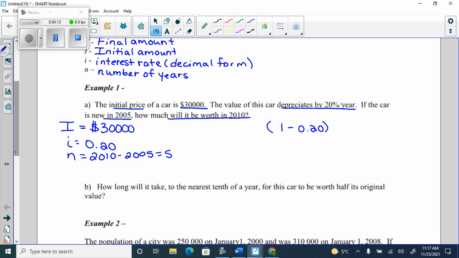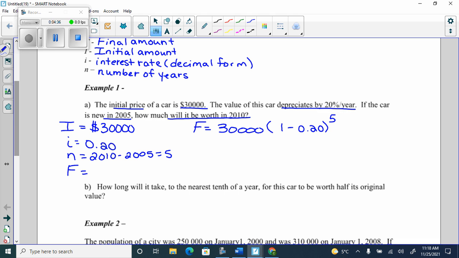What are they making us find? The final. Just like in physics or chemistry, you can only have one unknown variable, correct? As long as you have one unknown variable, you're golden. This one, the unknown is the easiest one, because it's the one by itself. So F equals initial, which is 30,000, and then this is to the 5.